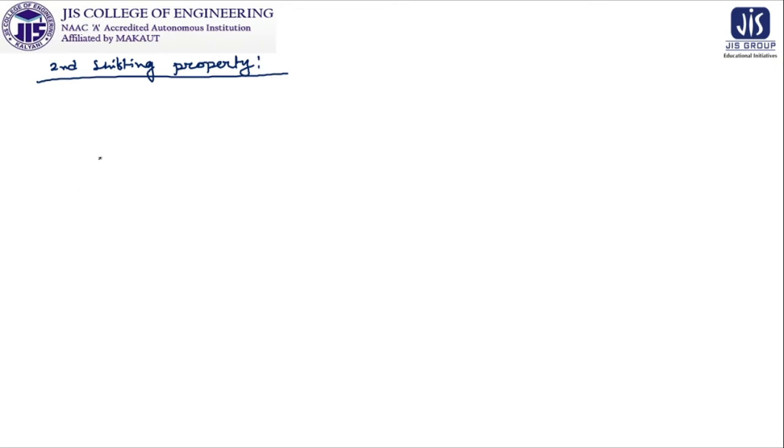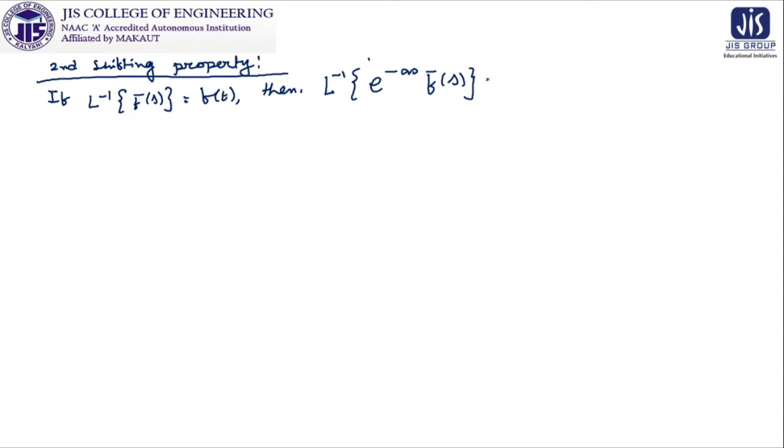In case of the second shifting property, we can express it as: if Laplace inverse of f bar s is equal to f t, then Laplace inverse of e to the power minus as f bar s, as you can recall from the second shifting property for Laplace transform, will be equal to f of t minus a when t is greater than a and 0 when t is less than a.